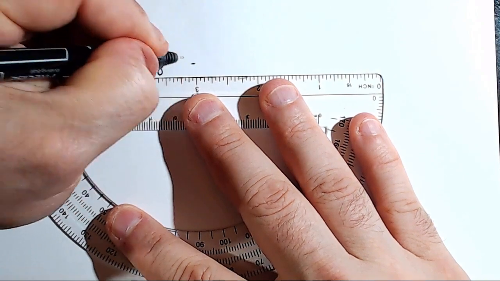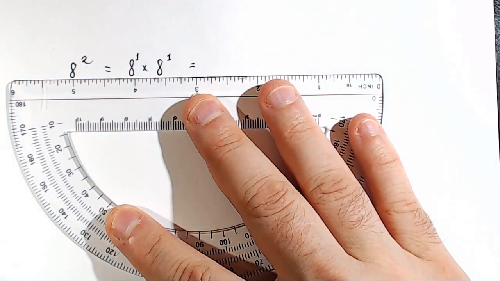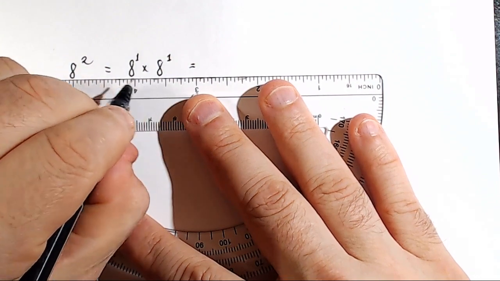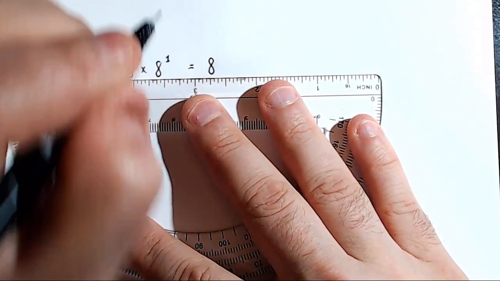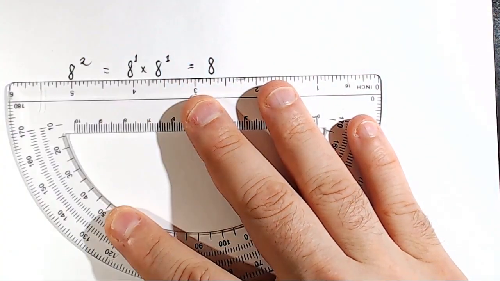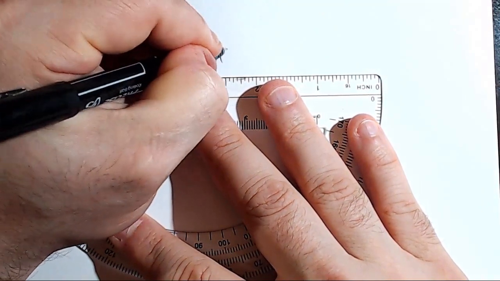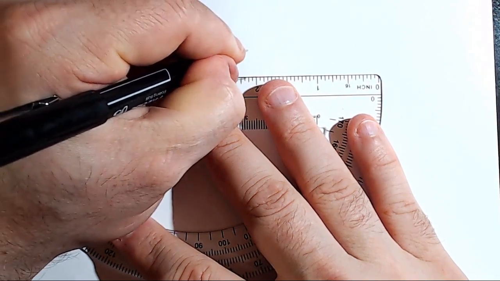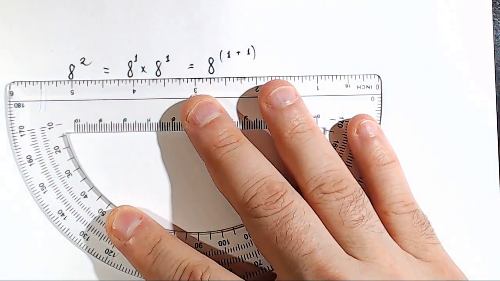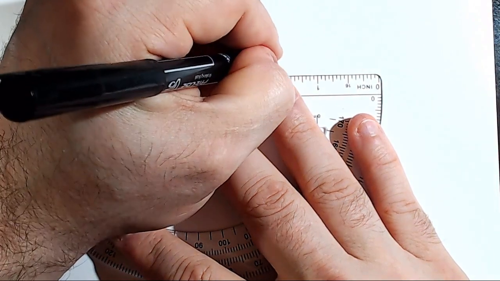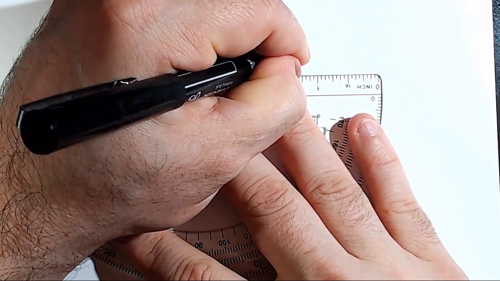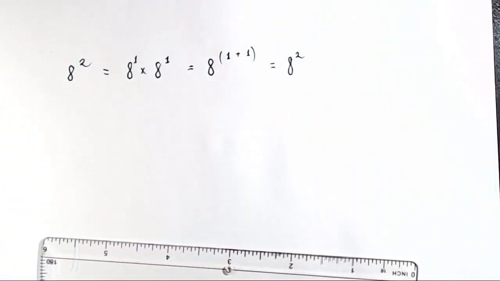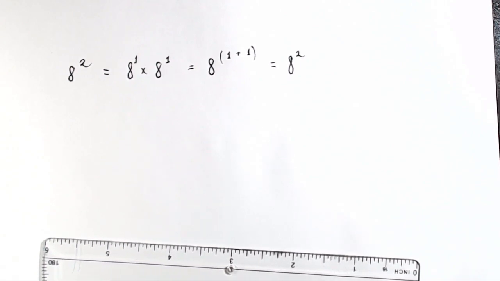One of the rules of exponents is if you multiply two numbers with the same bases, in this case the base is 8, then you just write the base again and you add the exponents. So in this case we're adding 1 plus 1. So 8 raised to the power of 1 plus 1 can be simplified to 8 raised to the power of 2. 8 squared.